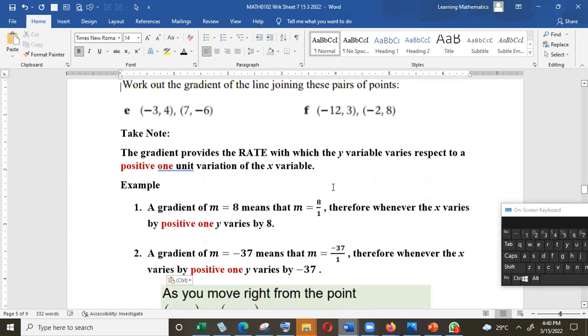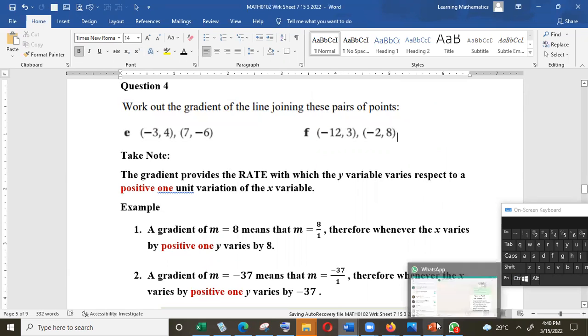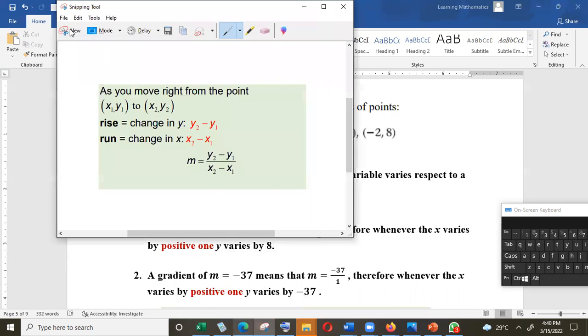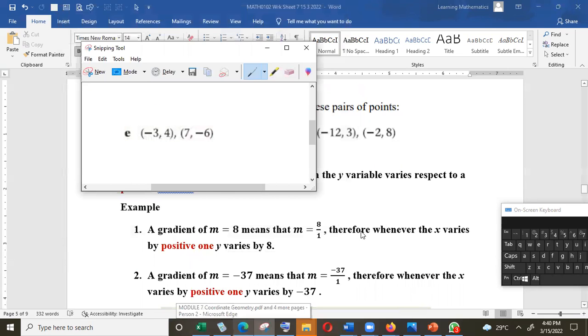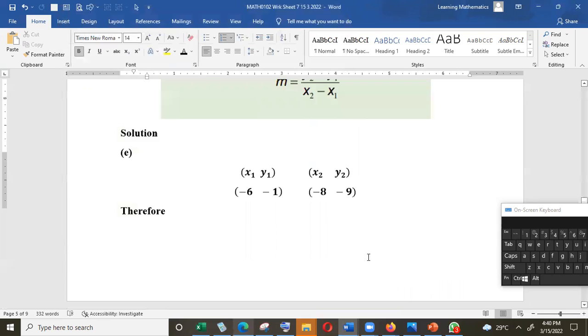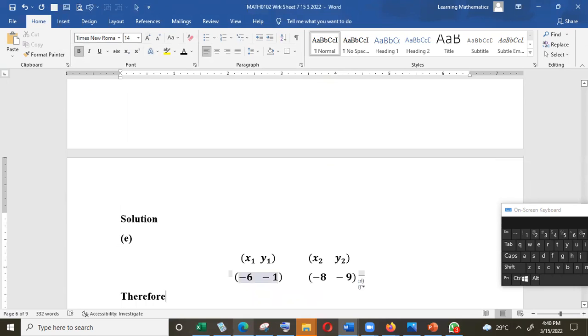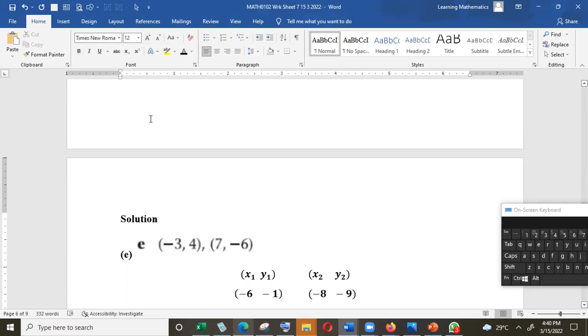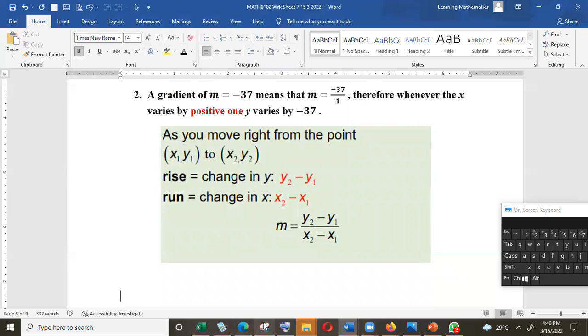Let's come back up there and make a copy of this pair of points. Here they are, and here's the formula.